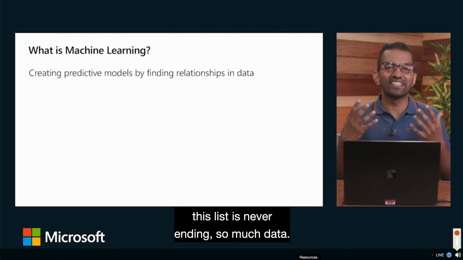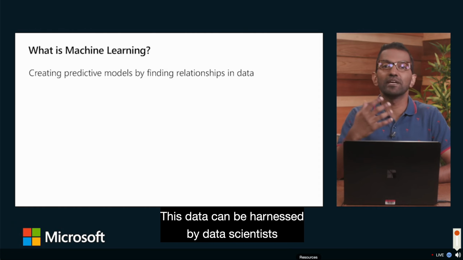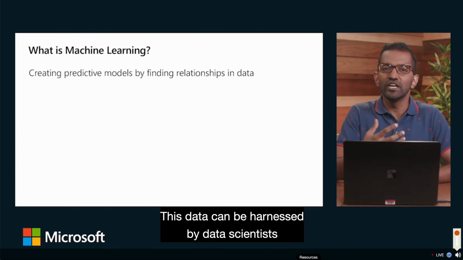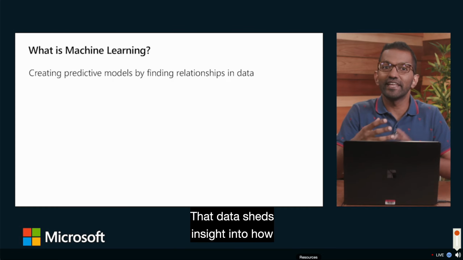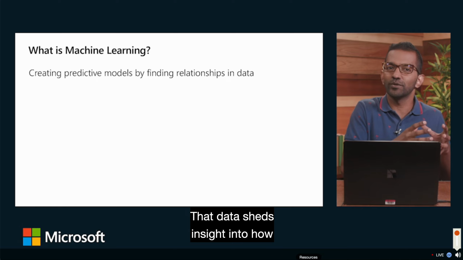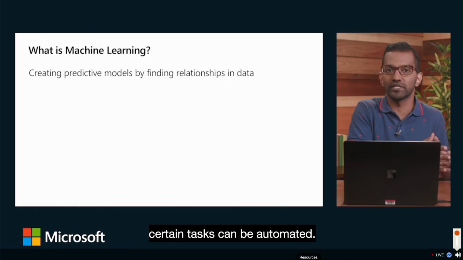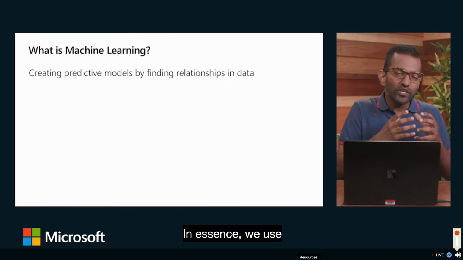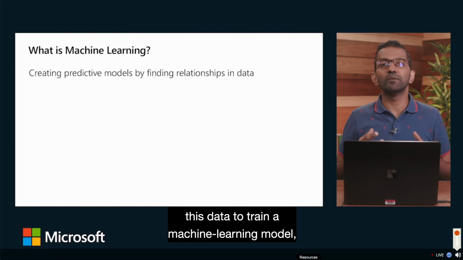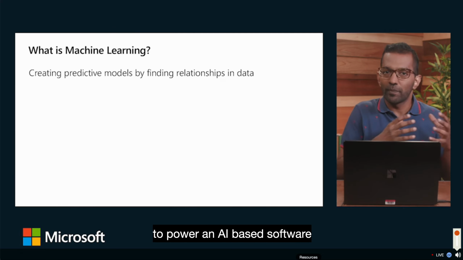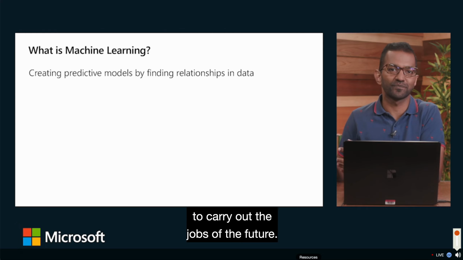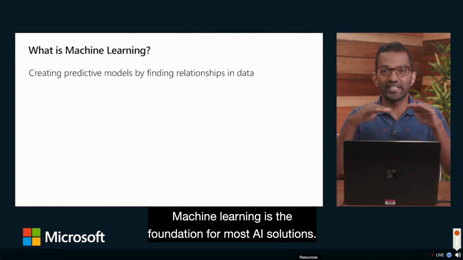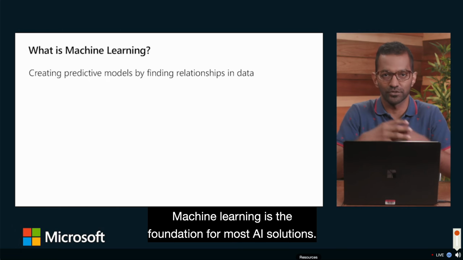There's so much data. And this data can be harnessed by data scientists to draw insight and train machine learning models. And that data sheds insight into how certain tasks can be automated. In essence, we use this data to train a machine learning model to power an AI-based software to carry out the jobs of the future. So machine learning is the foundation for most AI solutions.